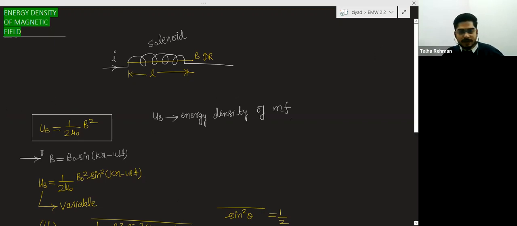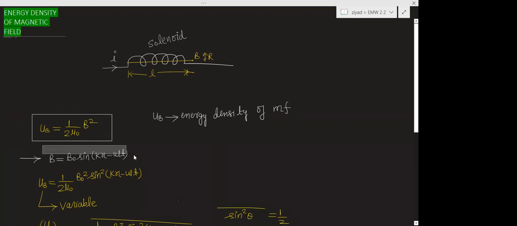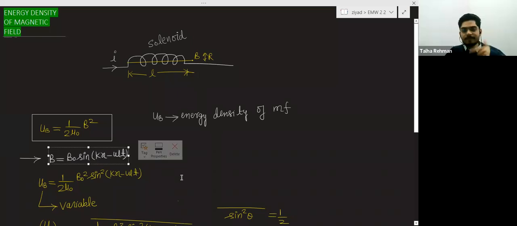Now this magnetic field is also changing with time. The magnetic field equation is B equals B naught sine (kx minus omega t).